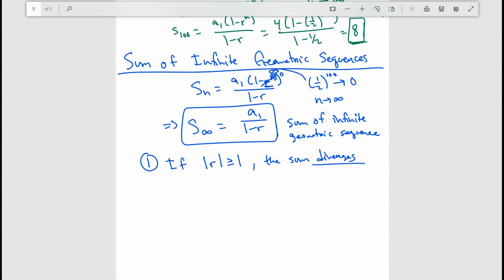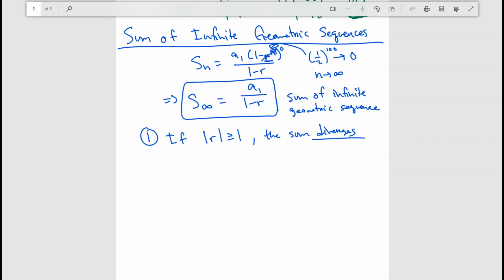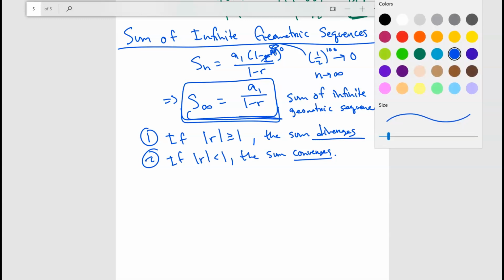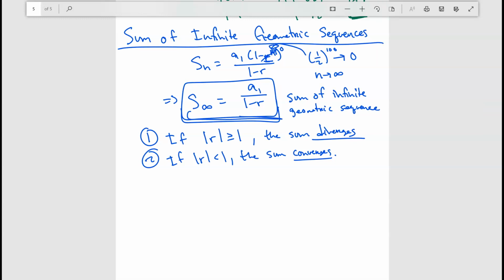That means it gets larger and larger and larger. It doesn't approach anything. If r is less than 1, the sum converges. And how do we find the sum? Using this formula, I will figure out what it converges to. Okay?